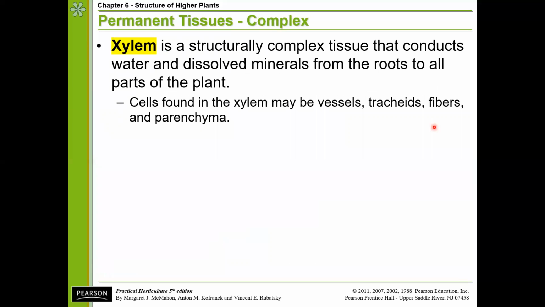Looking at the permanent tissues, first the complex ones, xylem. Xylem is a very structurally complex tissue that is used to conduct water, and along with that water, the dissolved minerals from the roots, and move it to all parts of the plant. So xylem is an extremely important tissue.